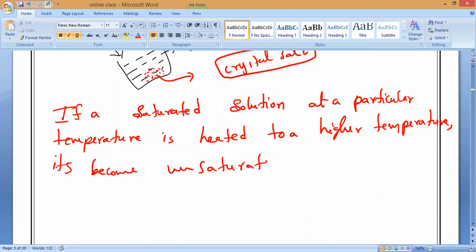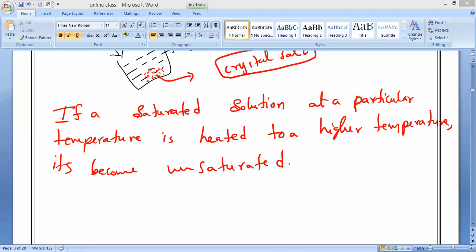So unsaturated means more solute will dissolve or less solute will dissolve, guys? More solute will further dissolve. Already having less solute, but if we add more, it can dissolve. Yes or no?